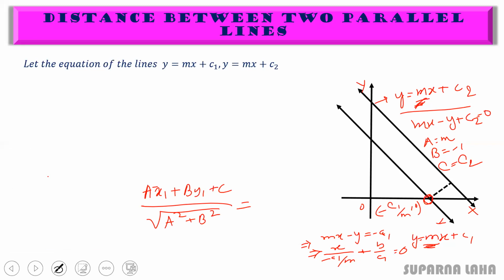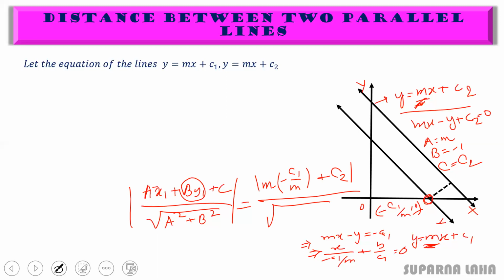So write this: in the place of a, write m, and then x1 is what? Minus c1 by m. Now y1 is 0, so no need to write this term. Then c is c2, by root over a square, which is m square, and b square, which is minus 1 squared, so 1 plus m square.